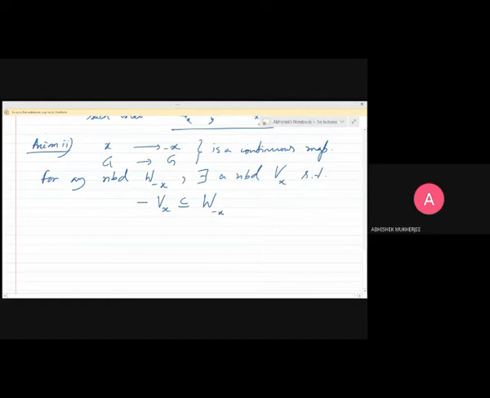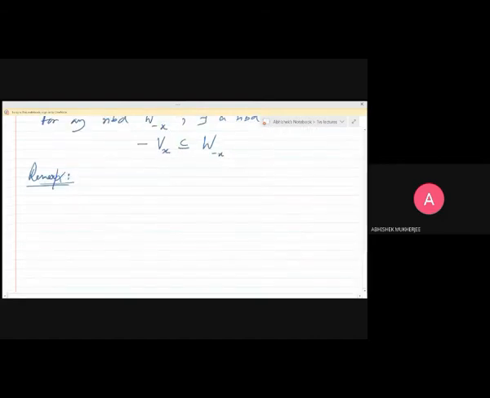Now, a remark is that instead of taking axiom 1 and 2, can we replace them with exactly one axiom? Yes, because recall that when do you call a subset H of G a subgroup?